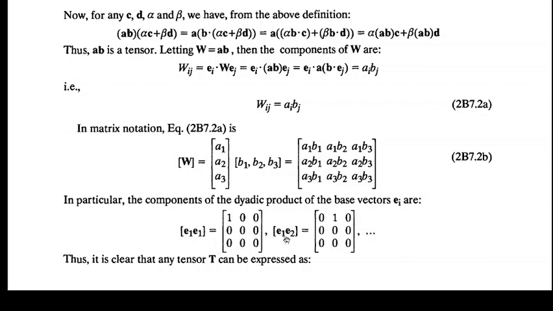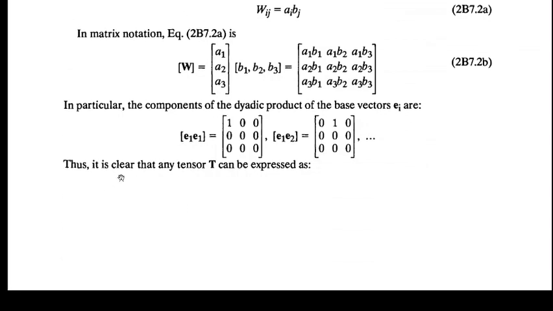Now here we have written 9 dyadic products with the help of the 3 base vectors E1, E2, E3. That is E1 E1, E1 E2, E1 E3, then E2 E1, E2 E2, E2 E3, and with E3 you again have 3. Keep in mind that AB is not equal to BA; E1 E2 will be different from E2 E1.